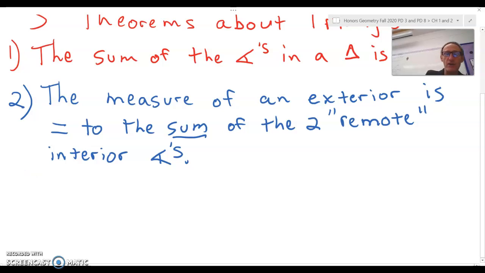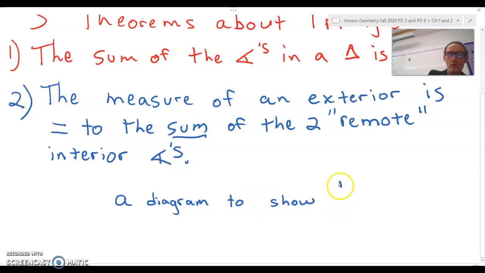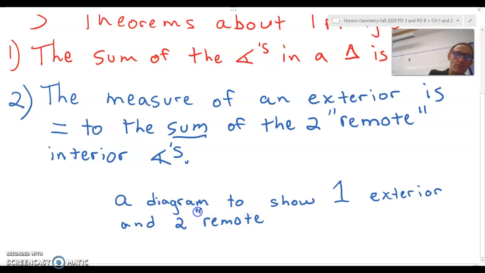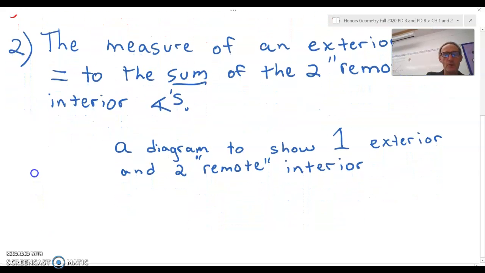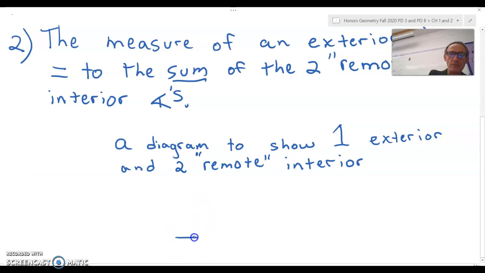There's a lot there. There's a lot going on. So let's get a diagram, a diagram to show one exterior and 2 remote interiors. And that diagram looks like this.